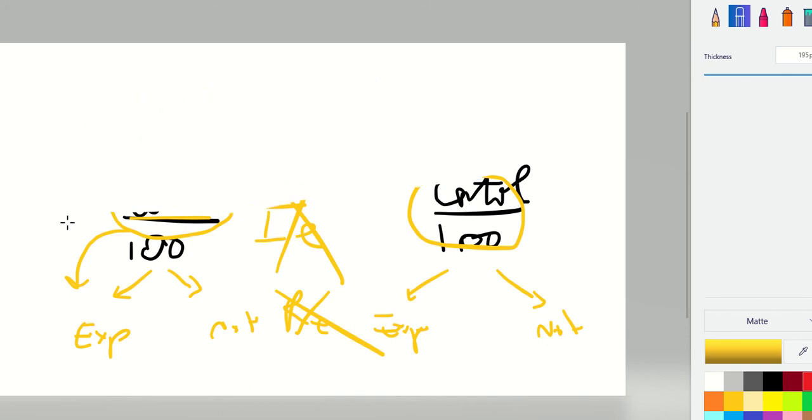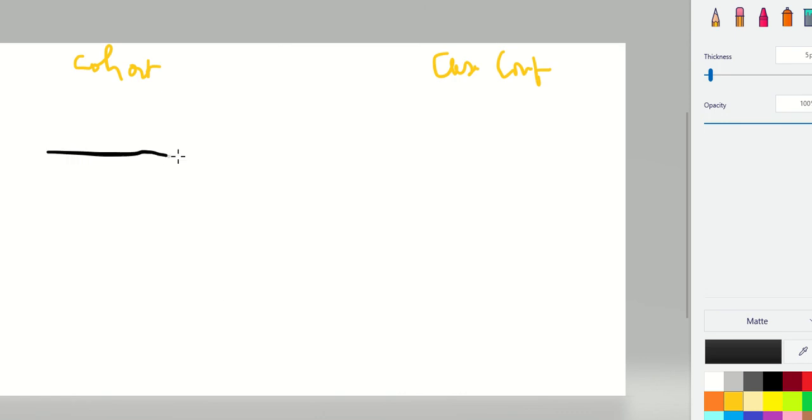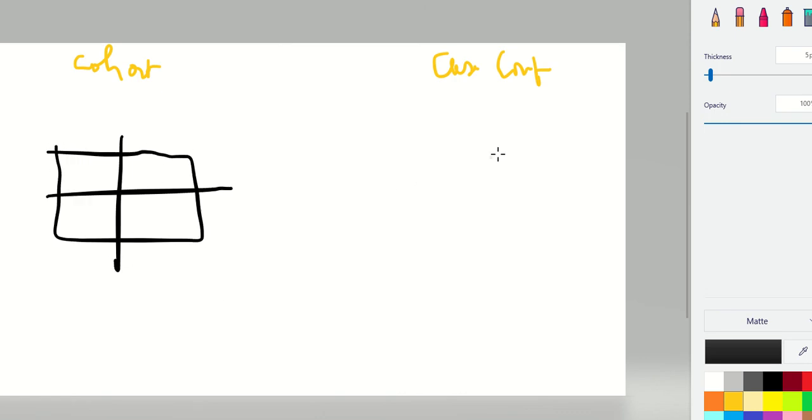So let me clean up here. What I'm going to try to do is set up the two designs. Here we have the cohort design, our RCT, and here we have the case control design. Okay, and I hope I can do it nicely. All right, so here's the setup. Here's also the setup.